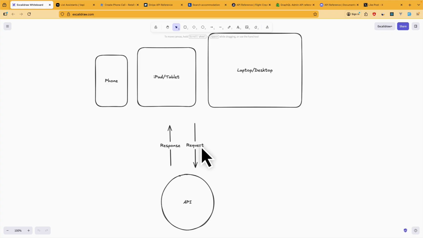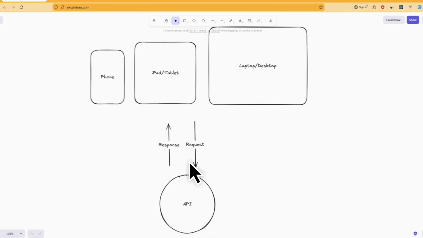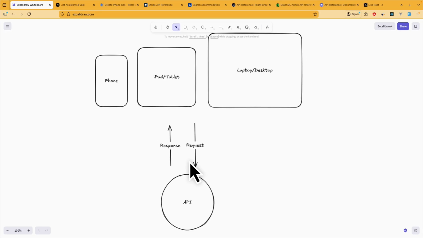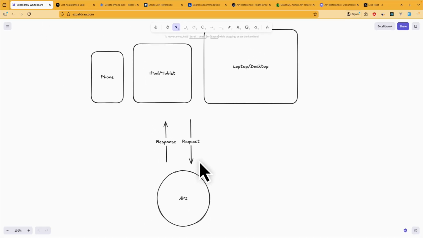But you send the request, and then you get back the response. Usually, you would see this model or this pattern a lot. You send the request, you get back the response. This is the most common pattern you would usually use when you use an API.